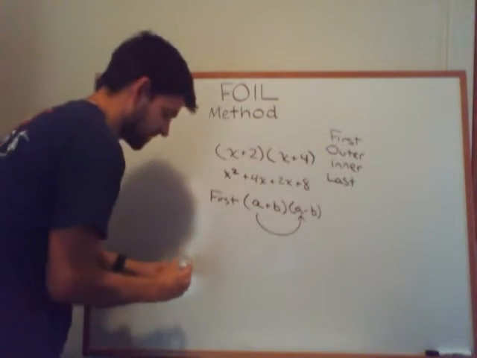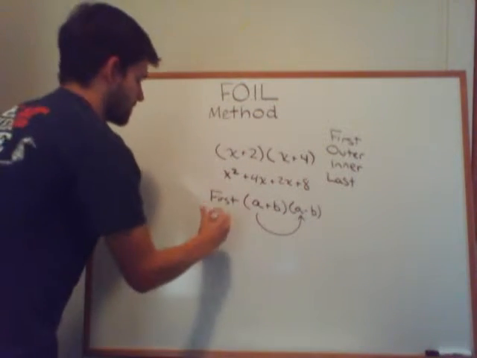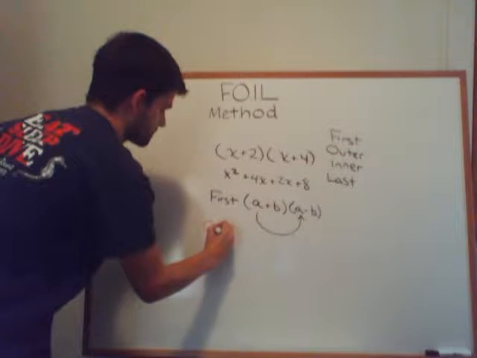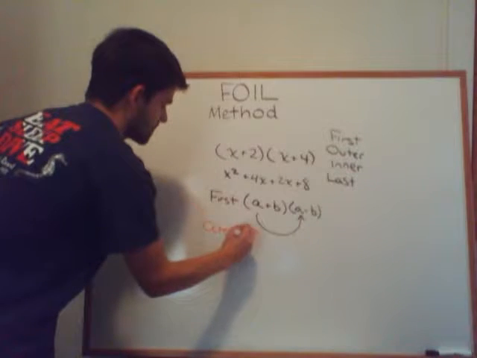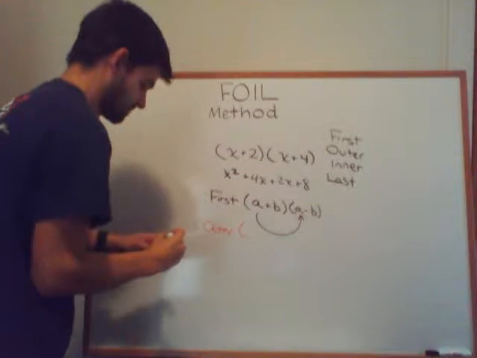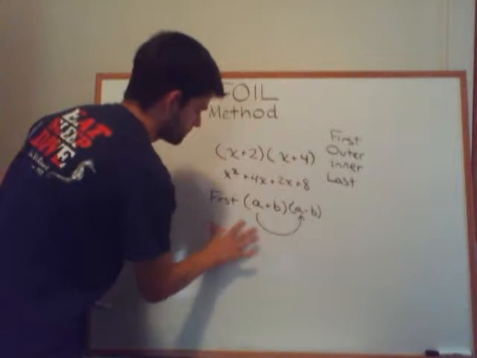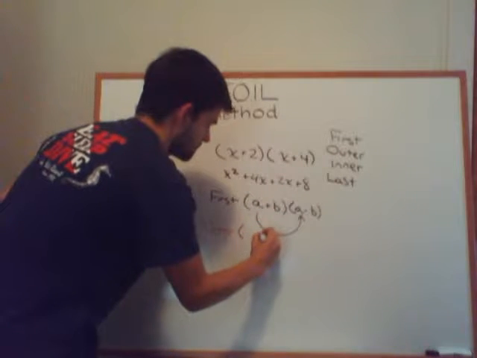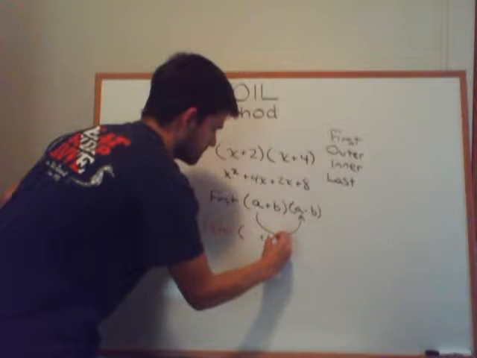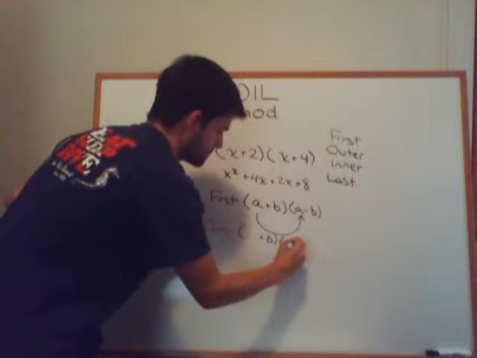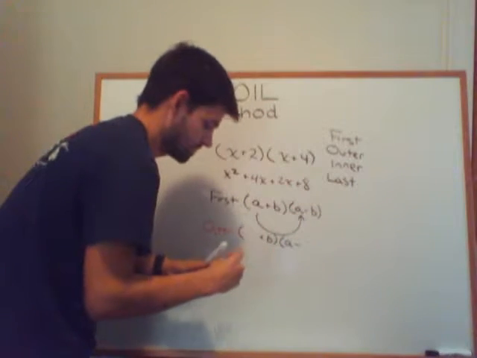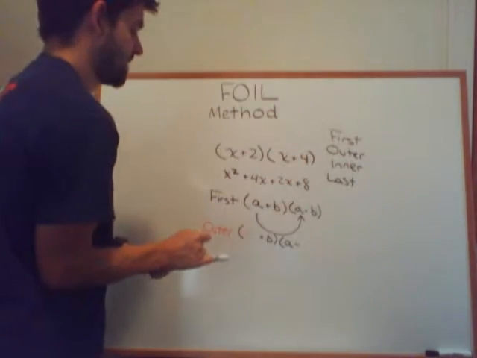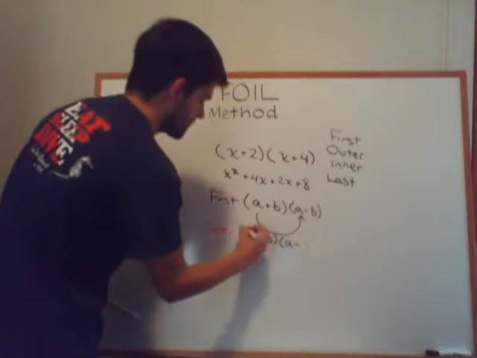Let's look at the next one. I'll change colors. O is for outer. So with outer, it's going to be the outer parts of the binomial expression.